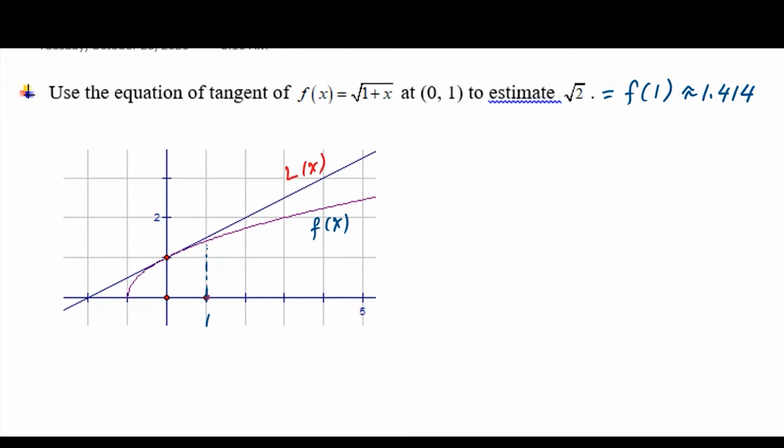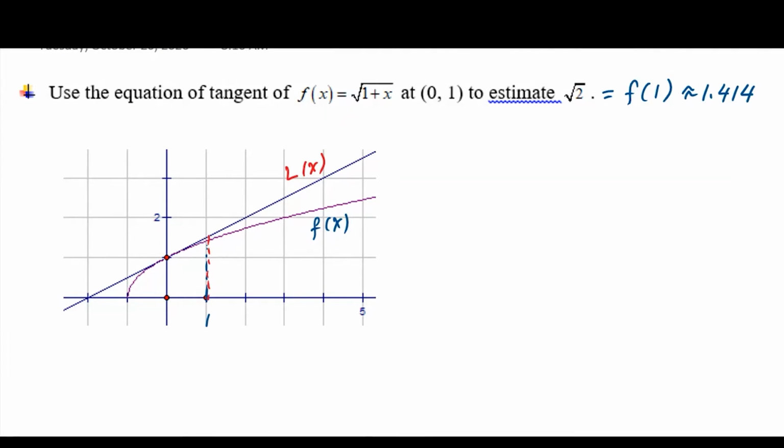And then the value right there, you see how close that is to the real f of 1? L of 1 and f of 1 are really, really close, right? The nice thing about a linear function is we know how to evaluate it. So let's just find the equation for L of x. Point slope form, and we have a point right here, so we just need a slope.